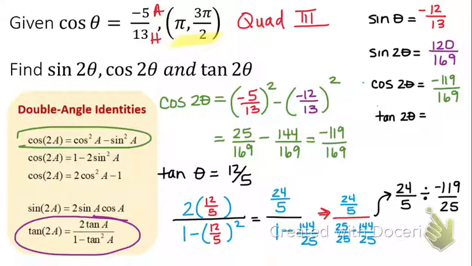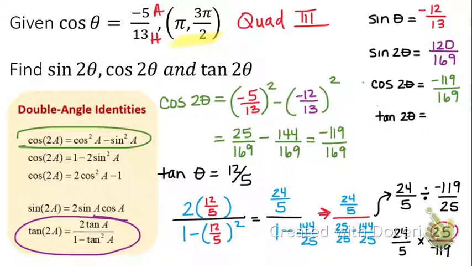Keep, change, flip. So 24 over 5 times 25 over negative 119. I don't know if you know this, but you can cross reduce. If you take 24 times 25 without a calculator, that's a lot, right? But we can make this easier by reducing.